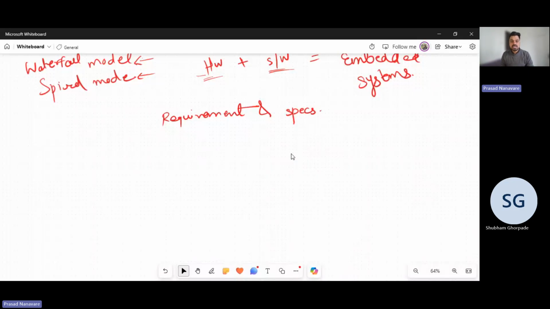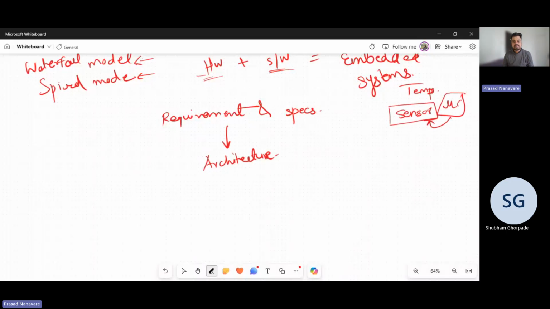Then there is the architecture phase, in which we put down the whole system in a tool or on paper. We design how we want our system to be. Suppose it is a simple temperature detection. Then आर्किटेक्चर में कैसे आएगा कि which sensor, where the sensor will be deployed, which microcontroller will be used, where will it be placed, what software will be there, everything will be designed in the architecture phase.